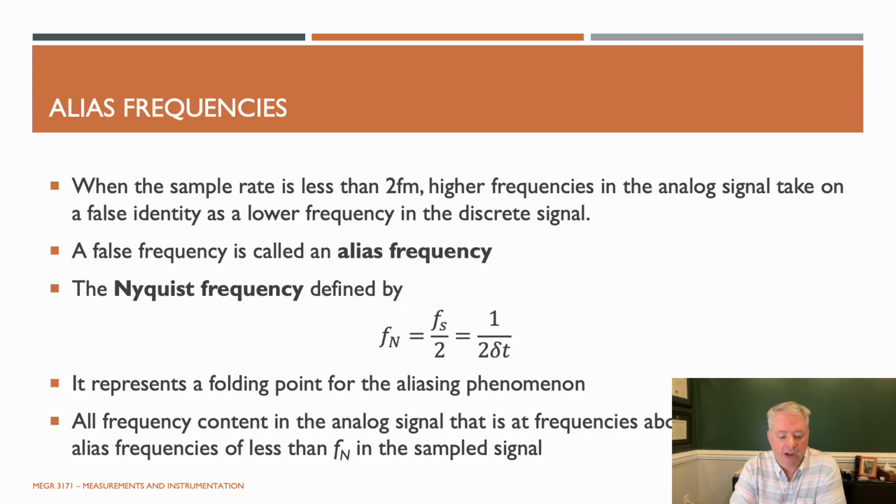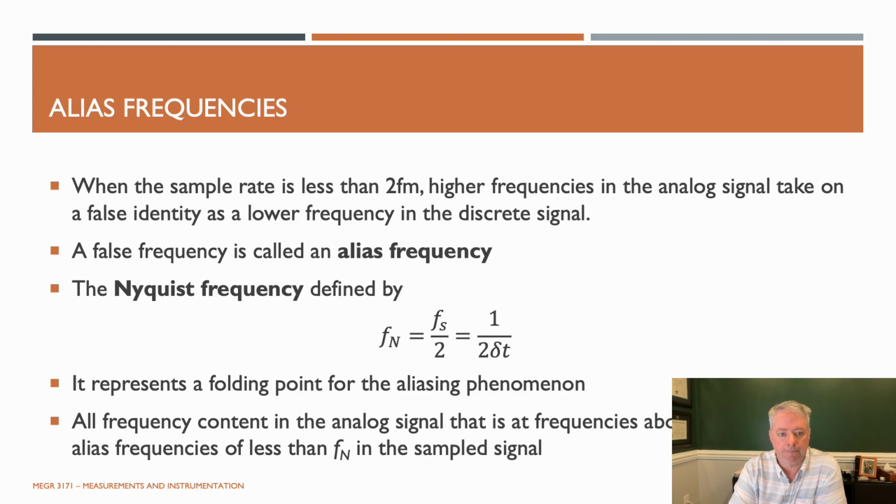Now, when we violate the sampling theorem and sample at a rate less than 2 times the frequency, that's when we get into some trouble. This leads to aliasing, where a higher frequency is misrepresented as a lower frequency in our new digital data. And this really is a fundamental problem, because you can't tell the true frequency from the aliasing frequency.